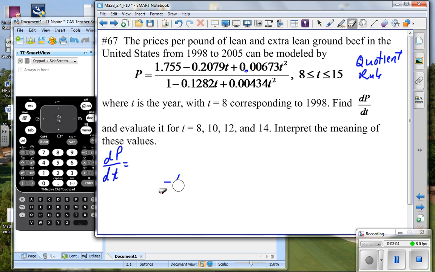And I'll just erase all of that, and we'll start again. Let's just say that we have our denominator.